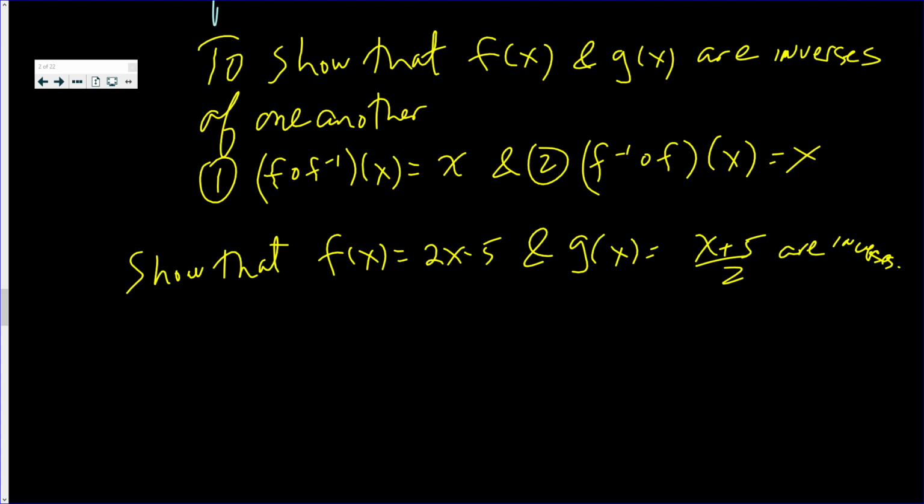You don't have to say of one another. Well, we have to verify these two things. So we need to compose, say, f in, well, let's do f first. No, let's do it like this. F inverse of f of x.